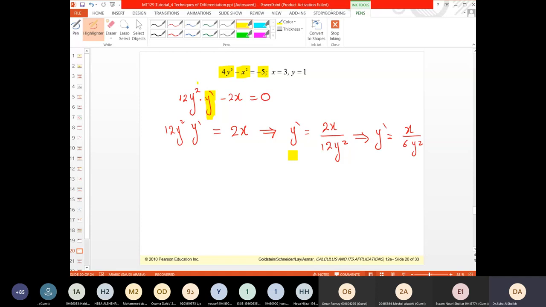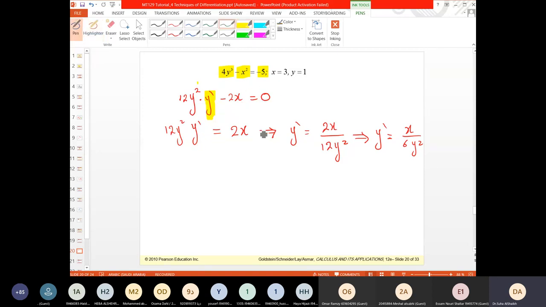I'm using the chain rule هنا actually. It's the derivative of the y multiplied with the derivative of what's inside اللي هي y dash. So whenever you are differentiating البارت اللي فيها y ما ننسى ان احنا نضرب بالy dash برا والباقي عادي. We differentiate it. بعدين I want to find y dash. I rearrange my equation in a way that y dash is on one hand side and everything else goes to the other hand side.